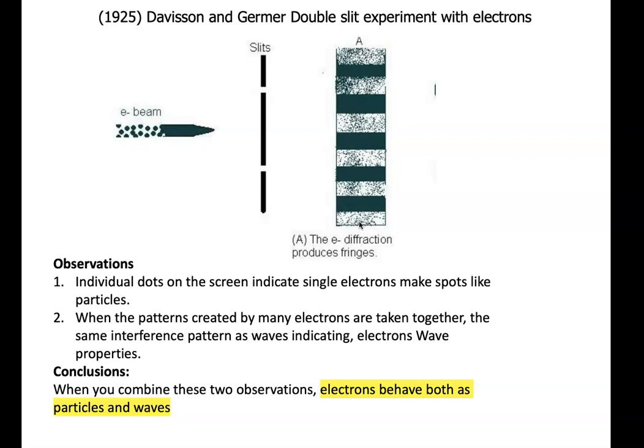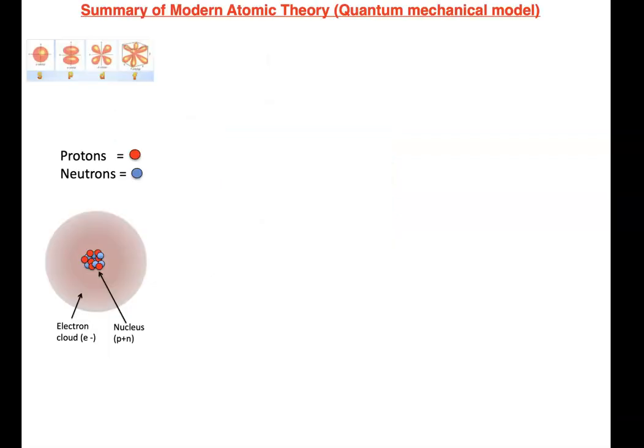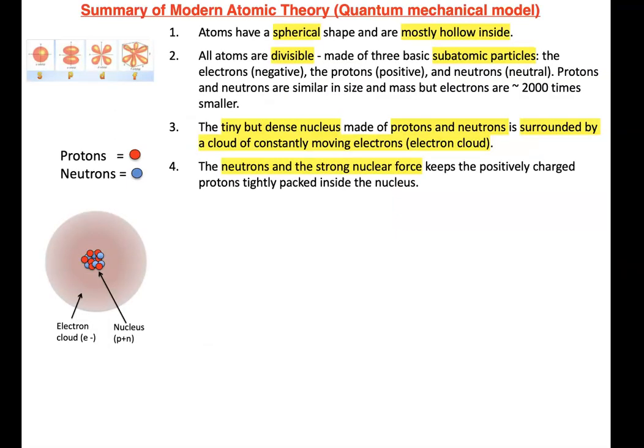But when you measured all the dots, you see, like in number 2, an interference pattern indicating that electrons have wave-like properties. So the conclusion, when you combine these two observations, is that electrons are both waves and particles at the same time. So we're going to look at the summary of the quantum mechanical model.